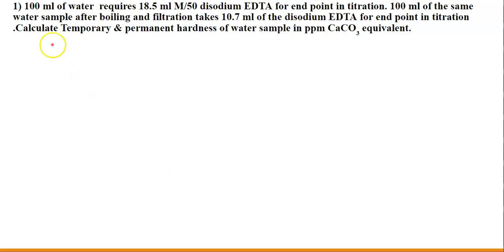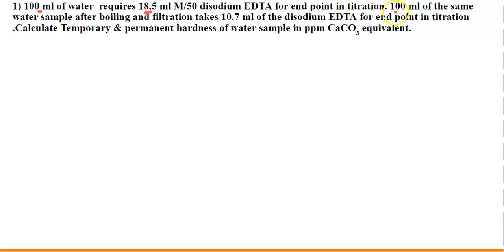So let's begin. Here it is given that 100 ml of water requires 18.5 ml of M by 50 disodium EDTA for the endpoint in titration.